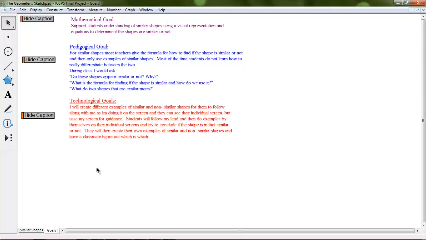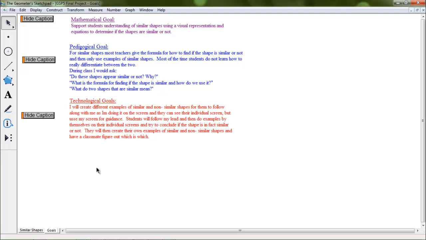The technological goals: I would like to have the students doing the assignment with me. So if I'm doing it on the board, I would like them to be at a computer following along and doing it at the same time so that they can engage in understanding. Students learn best when they're doing it at the same time, instead of just watching and then trying to remember it later.